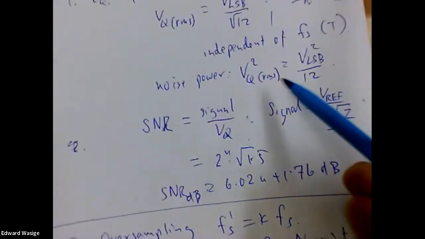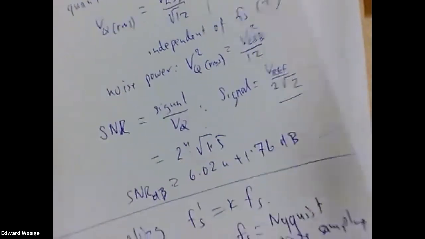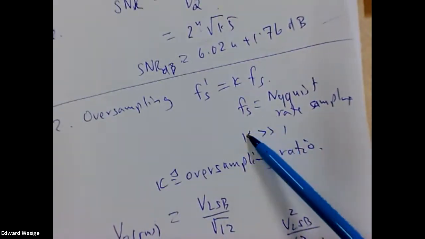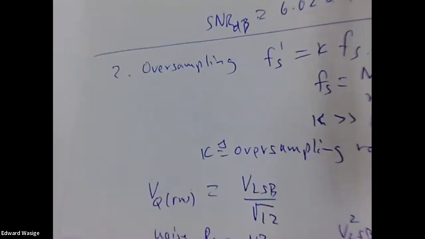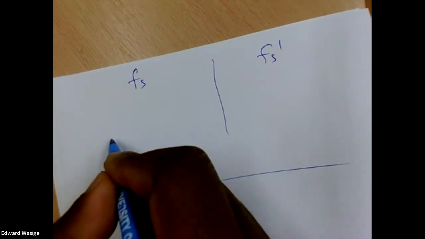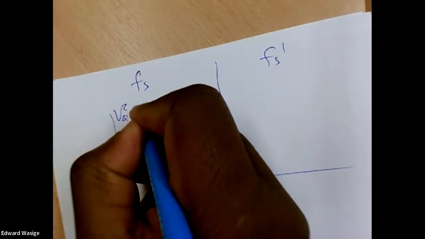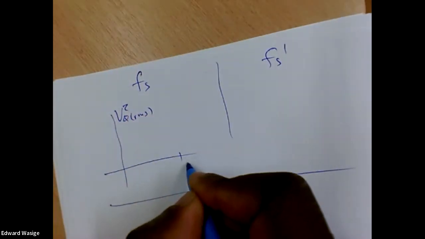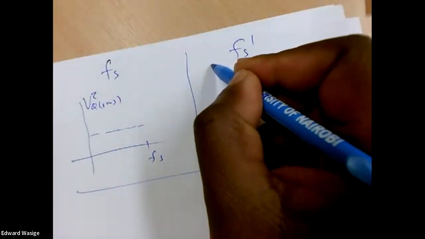The difference between this scenario where we are sampling at FS, and this scenario where we are sampling at a much higher rate, I'll summarize that because that's important using the two cartoons. So this is FS, this is FS prime, and if I plot VQ squared, understand this to be RMS, this is noise power, and that's FS, then the noise would be something like that.